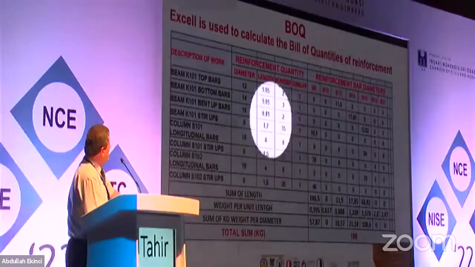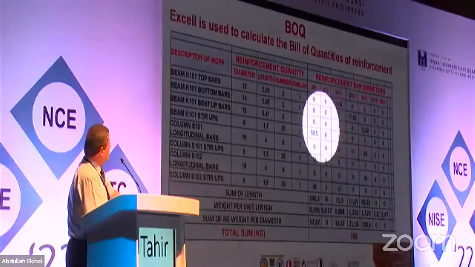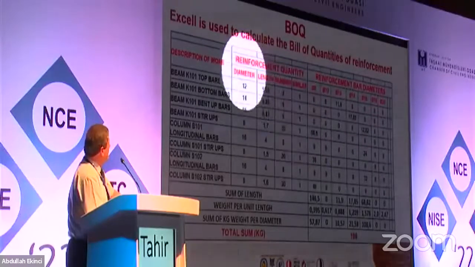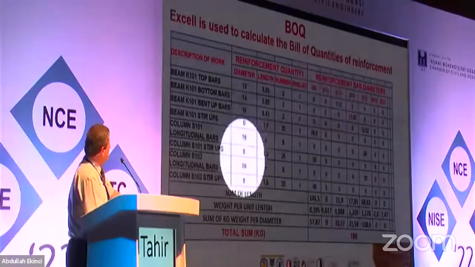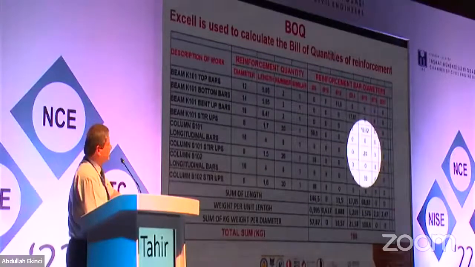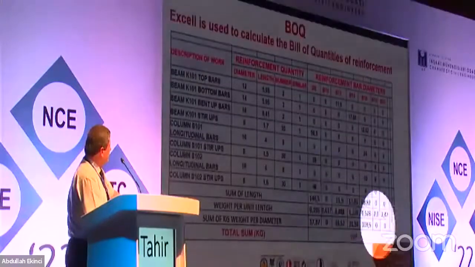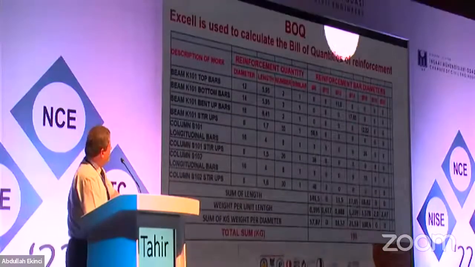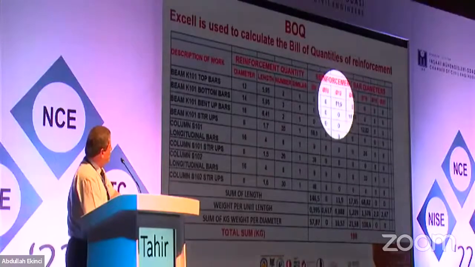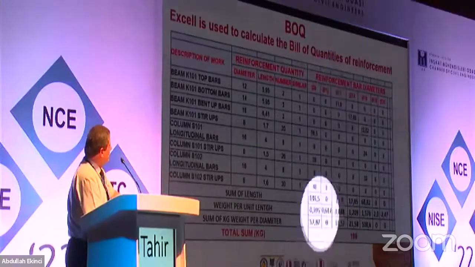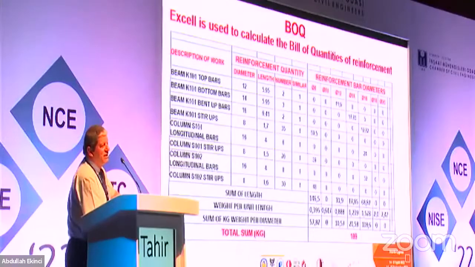Then by using an if command, it multiplies these and places the result under the diameter, 12 millimeter or 16 millimeter. It's a simple, easy if command in Excel. You can calculate all the reinforcement here, as you see, by multiplying them. So what I want to say is, by using Excel, you can get from each parameter exactly what length or weight of reinforcement will be used. These are the design BOQ.